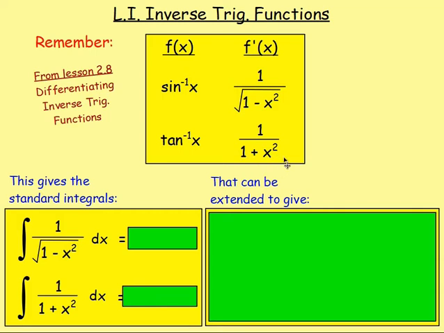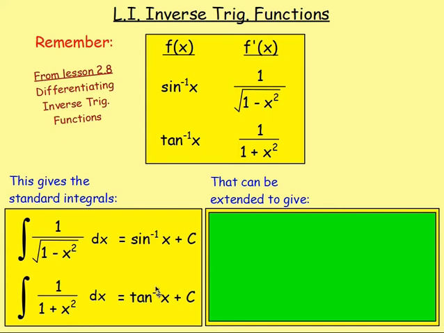If you reverse that, flip it, then it means if you integrate 1 over the square root of 1 minus x squared, you will end up with, you got it, sine to the minus 1 of x. And if you integrate 1 over 1 plus x squared, you will get tan to the minus 1 of x. Perfect.